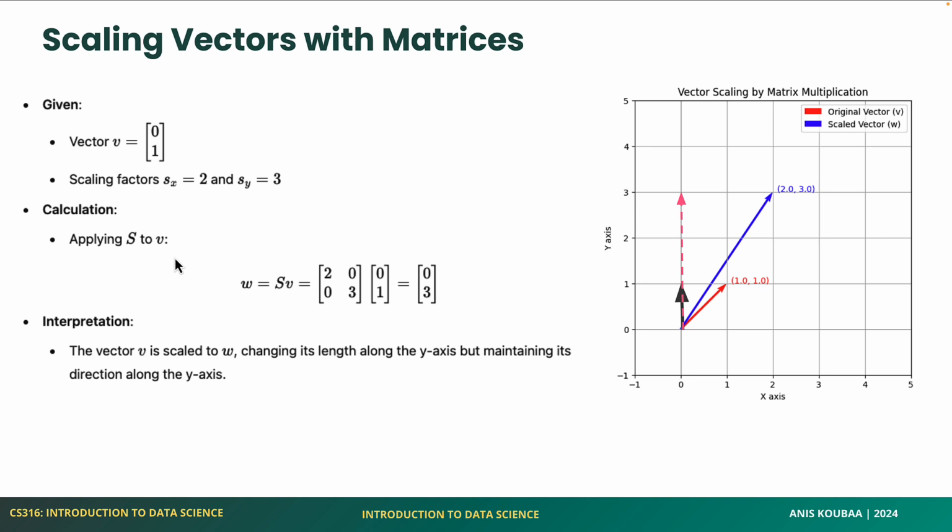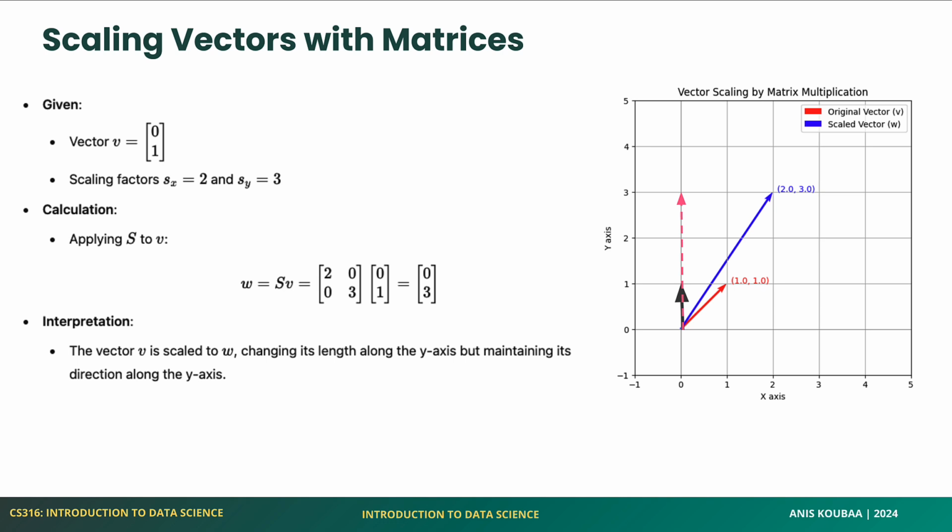So it means that S multiplied by v is equivalent to lambda or alpha multiplied by v. Multiplying by a matrix is equivalent to multiplying by a scalar. This is a very special case. And when we have this special case, the vector that satisfies this condition, we call it an eigenvector. And the value that satisfies this condition, we call it an eigenvalue.